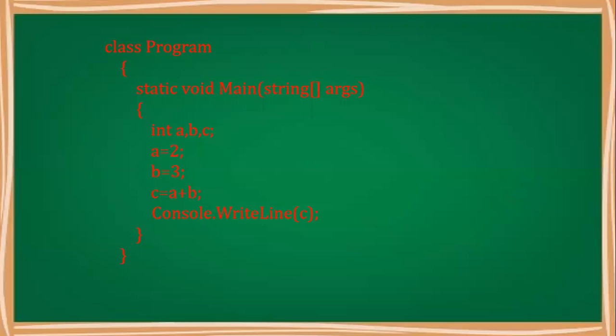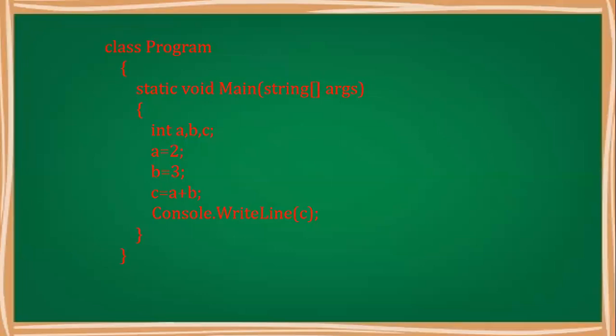Remember, here we have assigned a equal to 2, b equal to 3, and c is assigned a plus b. This is the basic program for you: a plus b, the result is assigned to variable c. All the variables are of the same type, so there is no need of typecasting or anything else. So we can directly write the program.